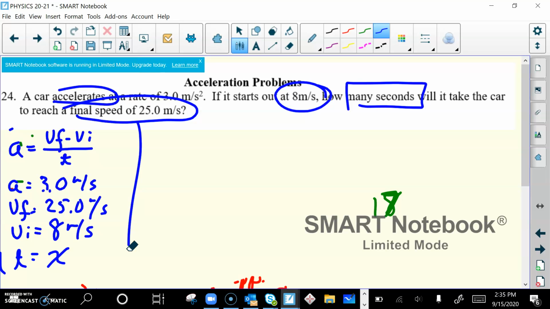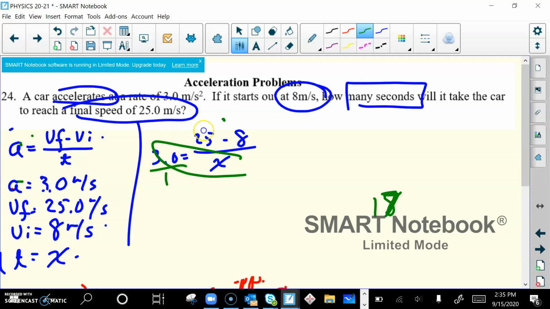So I'm going to plug that in. 3.0 equals final 25, my initial is 8, and my time is x. So we're going to do a little bit of algebra in here. Remember the whole crisscross applesauce or butterfly effect or cross multiply? Same thing. So I'm going to put my 3 over 1. I'm going to cross multiply it.